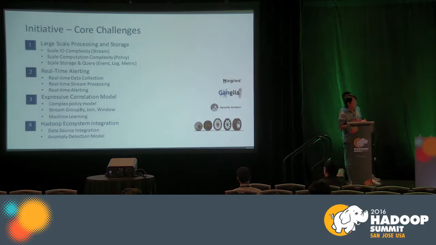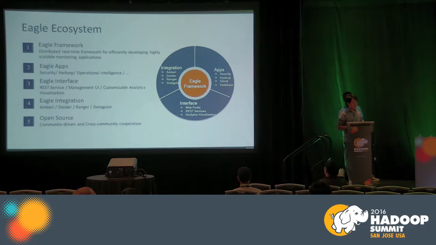So this is the first problem we want to resolve, the Hadoop ecosystem integration. It includes the alerting modeling and also the data source integration and so on. Because we faced these challenges and wanted to resolve the problems, we try to build an ecosystem.